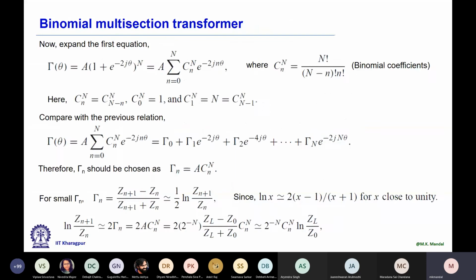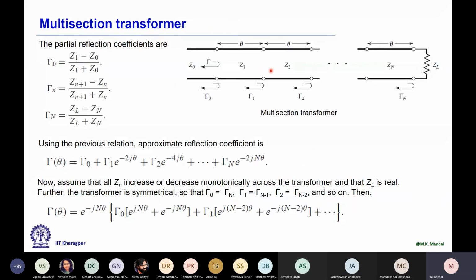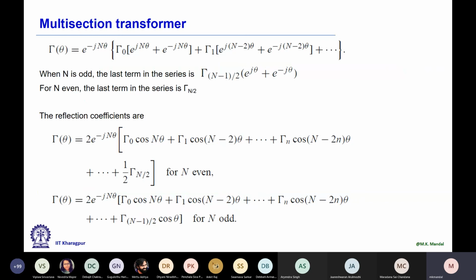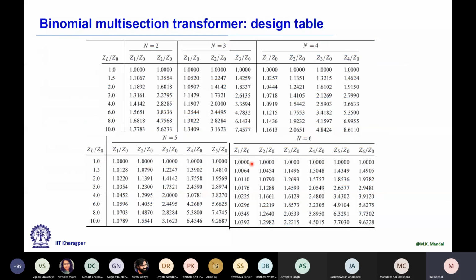Z1 to Z6, so we have Z1, Z2, Z3 till Z6. Now theta is 90 degrees, already we have that. Then we use this relationship and calculate, starting from Z0 equal to 50 ohm. We calculate the values. Then you see Z1 by Z0 should be this, Z2 by Z0 should be this. So we have a table for different ZL by Z0 values.